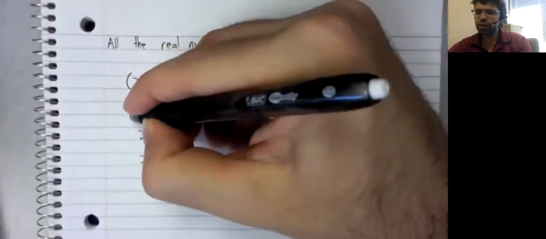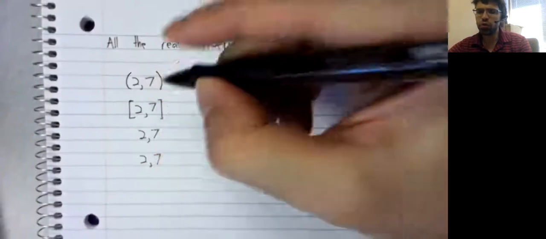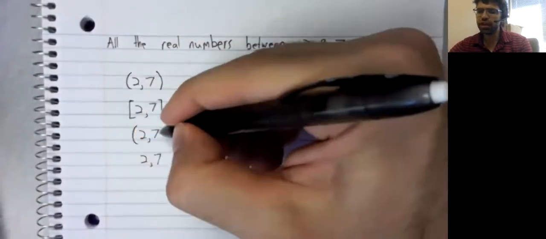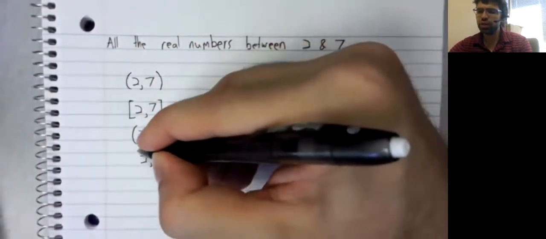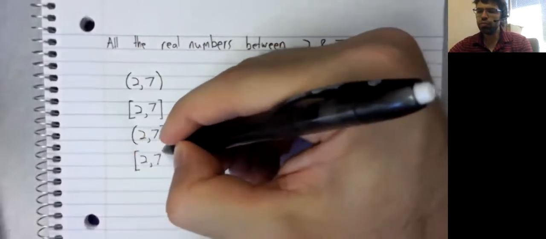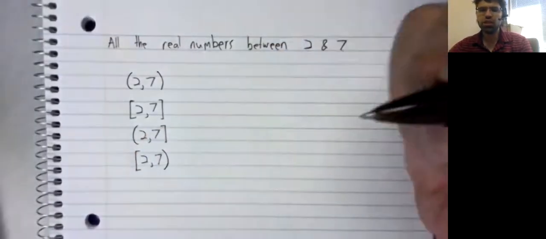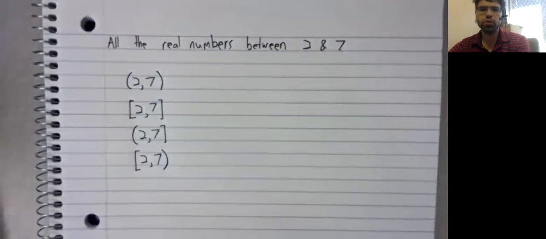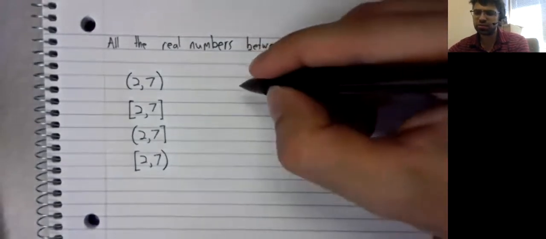And then we are going to have all the permutations of open parentheses and closed brackets.